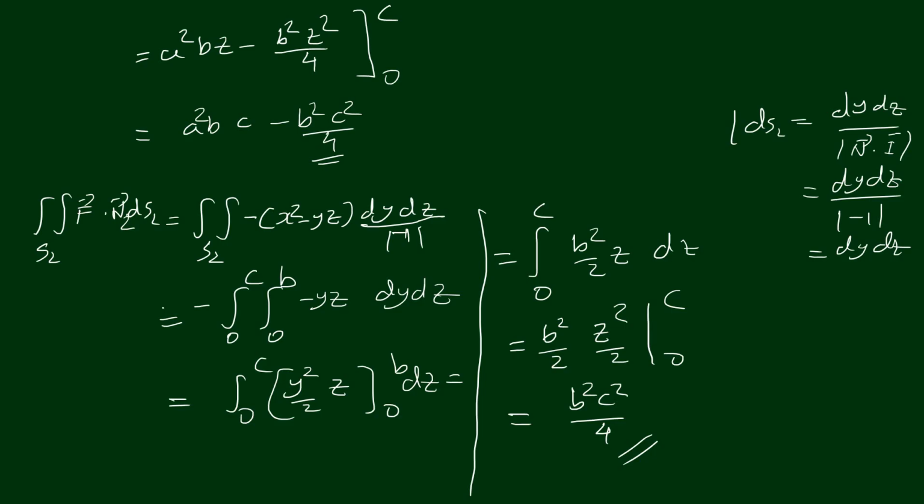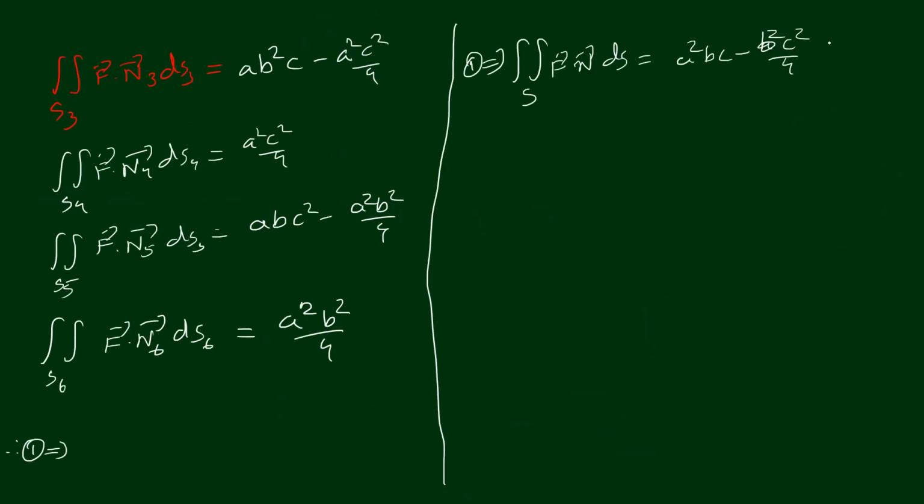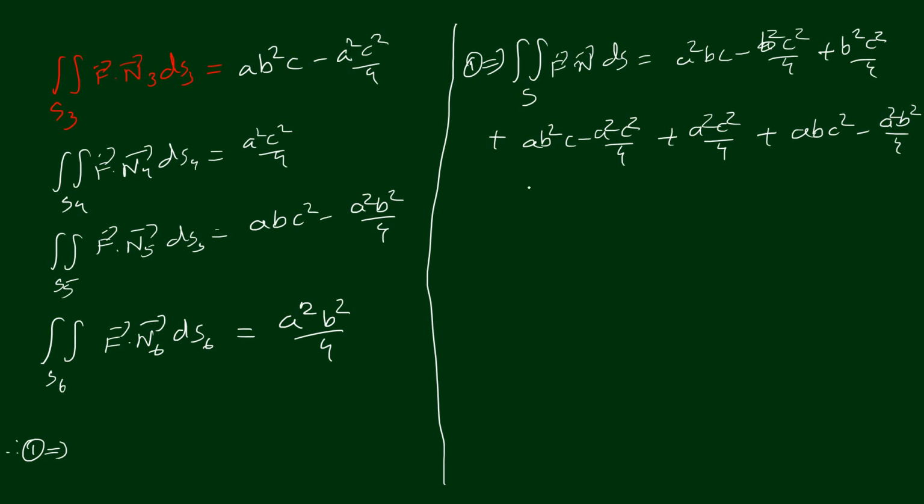Over S2 it is b square c square by 4. Next, over S3, ab square c minus a square c square by 4, over S4 plus a square c square by 4, over S5 it is abc square minus a square b square by 4, and over S6 it is a square b square by 4.